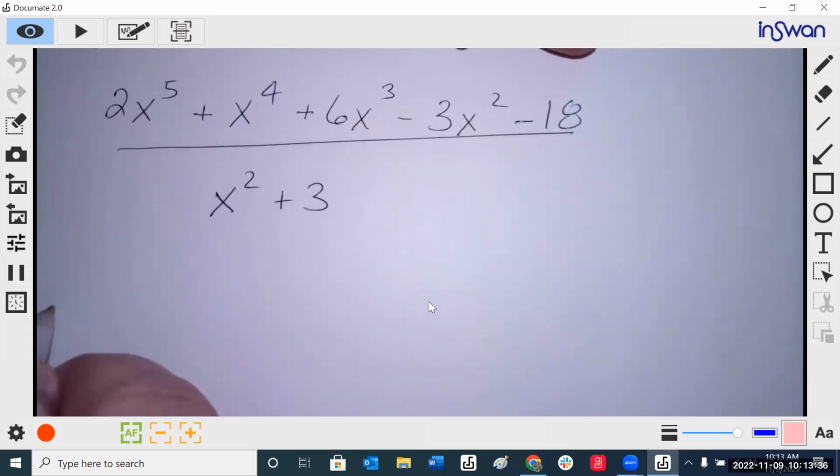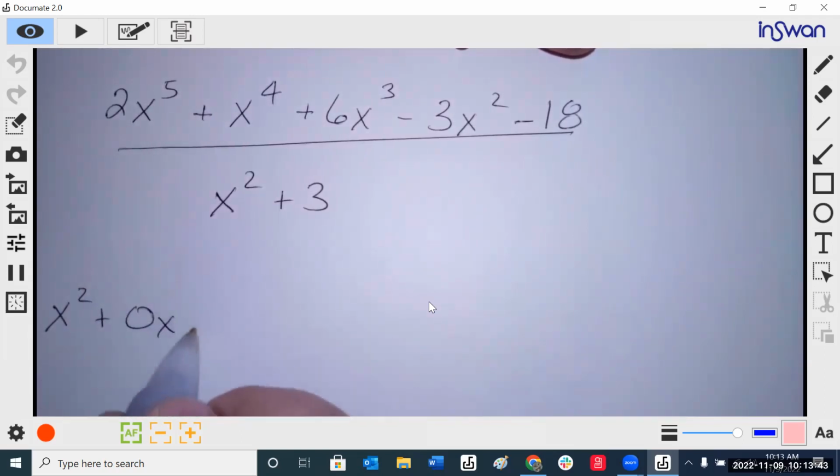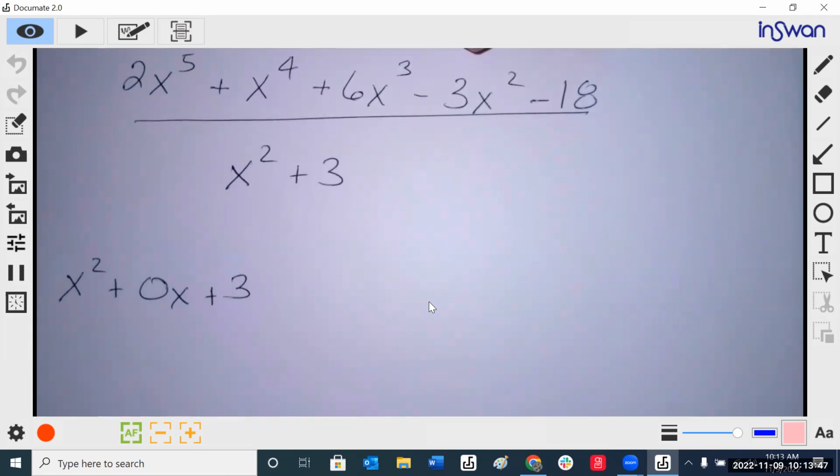So when I set this up, I'm missing the x on the bottom, so I have to put a 0.